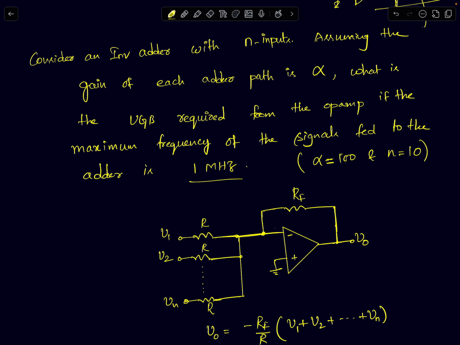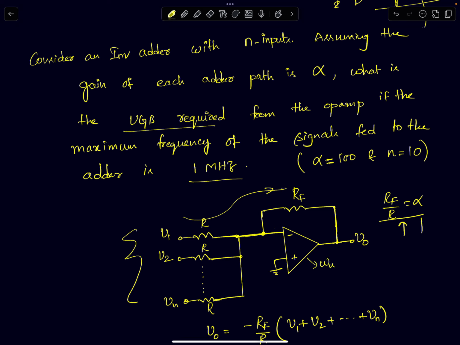Consider an inverting adder with a finite DC gain. The DC gain is RF by R, which we are calling alpha in this example, and it has n inputs. It's a voltage adder with n inputs, and for each input the gain of each path is RF by R, given as alpha. What is the UGB required from the Opamp if the maximum frequency of the signals, you have n different signals here, is given as 1 megahertz?